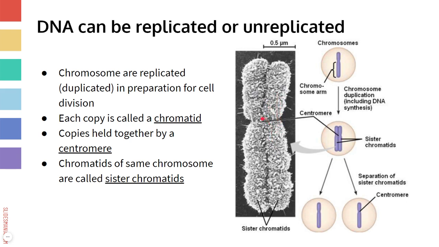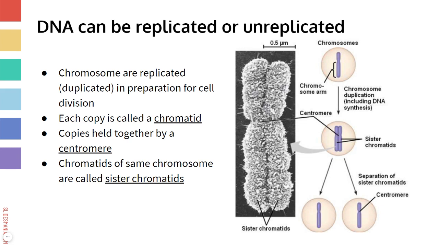And in the middle, where these two sides are joined, that's called a centromere. So a centromere is right in the middle where the two pieces are held together. So centromeres are just the regions in the middle that hold these two copies of the chromosome together.